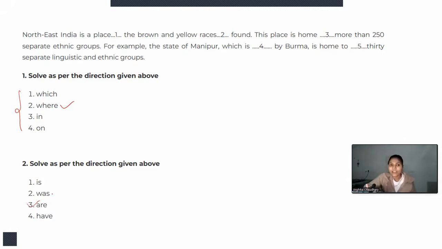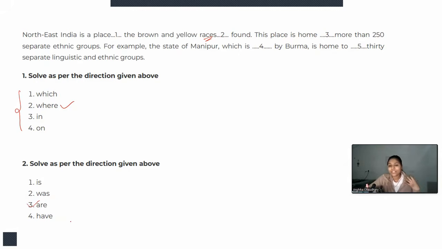So, the brown and yellow races are found. Why "are"? Because we are talking about plural, that's why we use the plural verb. But why not the other options: is, was, have? "Is" is not used because we are talking about plural. "Was" is again past tense and singular, so not appropriate.